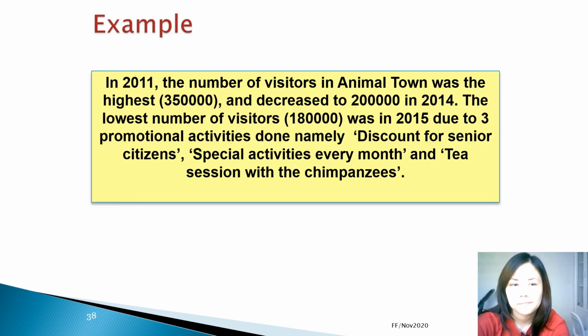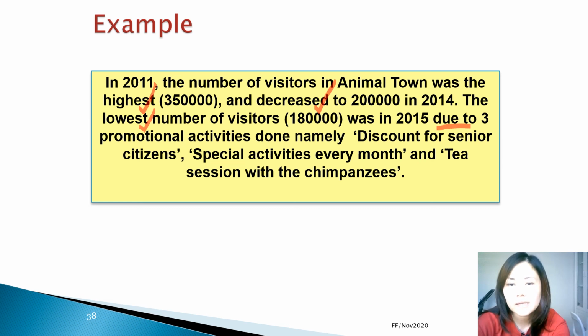Next. In 2011, the number of visitors in Animal Town was the highest, 350,000, and decreased to 200,000 in 2014. Full stop. The highest, decrease. Okay. The lowest number of visitors, this is a trend word here, 180,000, was in 2015. Okay.